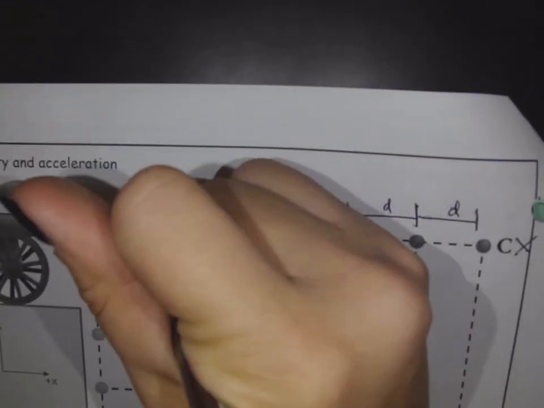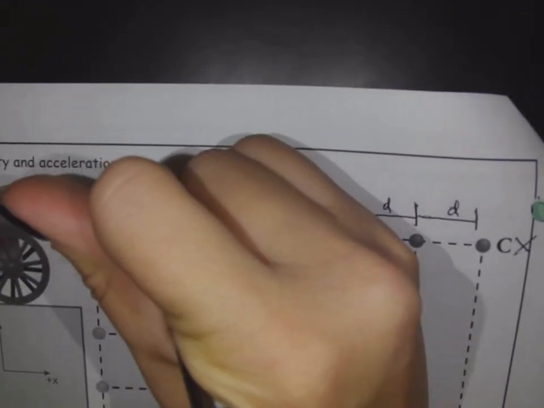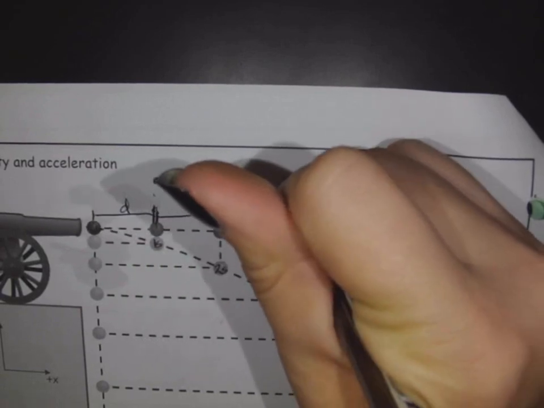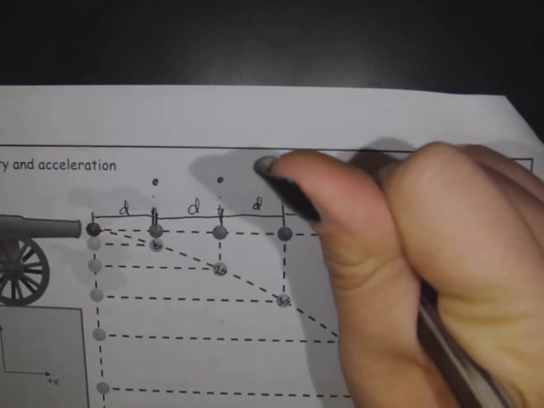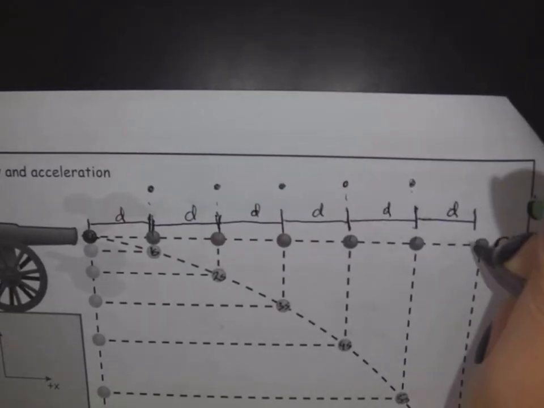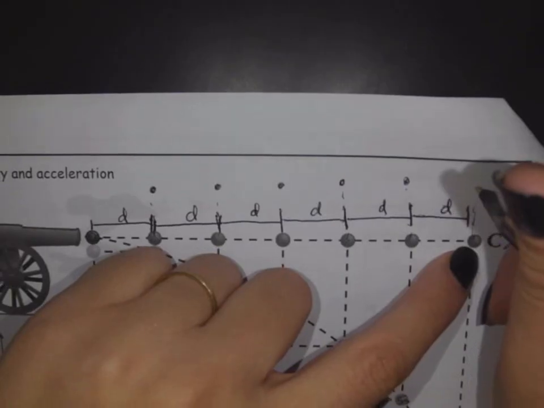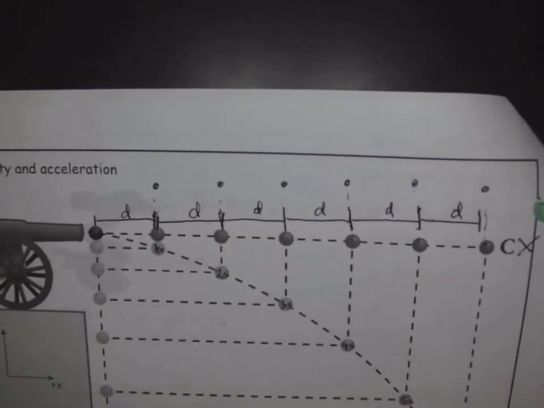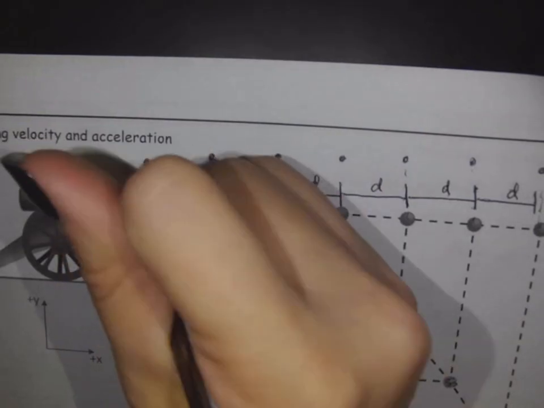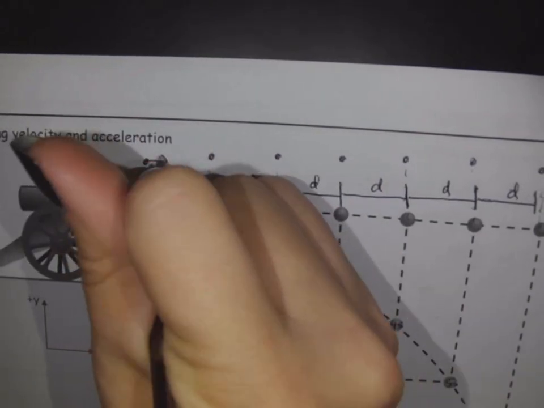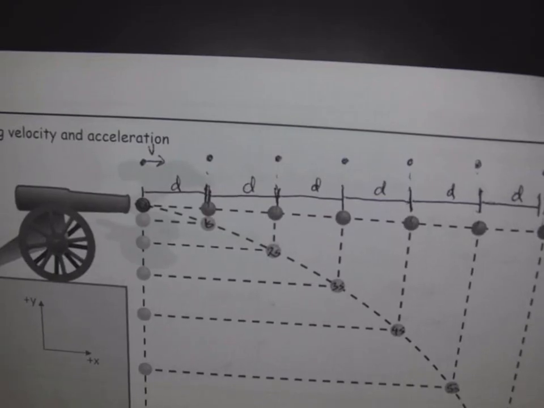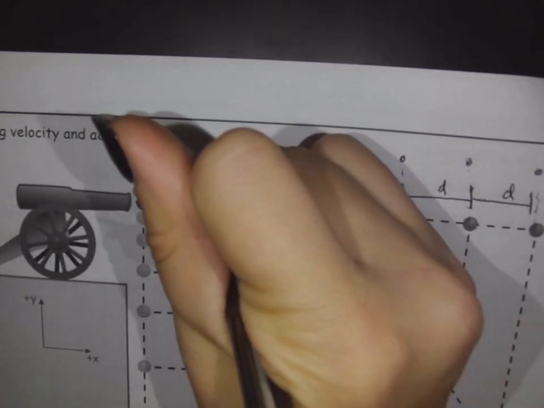So let's draw a velocity vector for each of these. Okay. So yes, it's traveling with some velocity when it leaves the cannon. And then after 1 second, guess what?